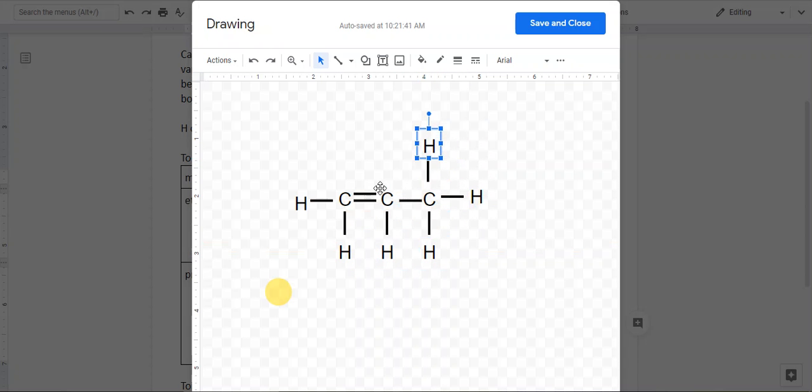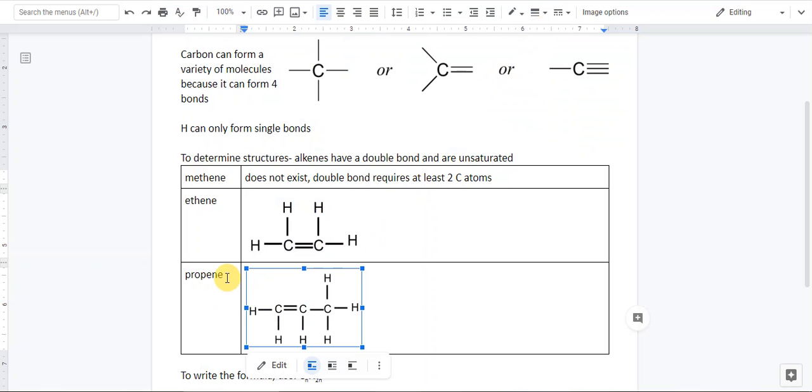And there we go. Now again, it doesn't matter if the double bond is between the first 2 carbons or the second 2 carbons, as long as it's somewhere in there.